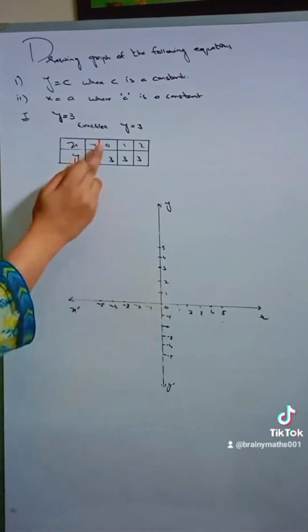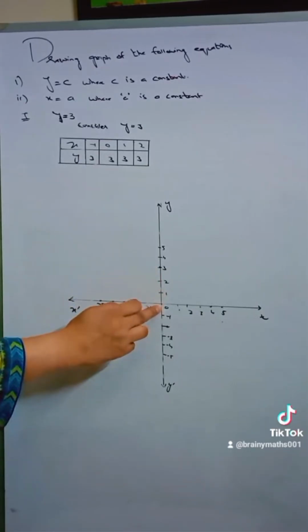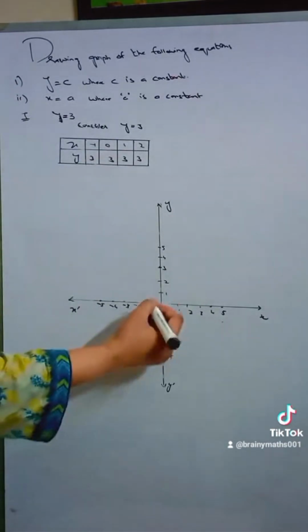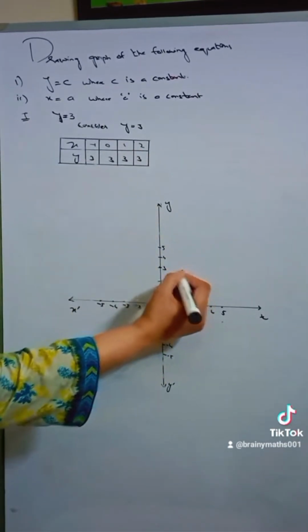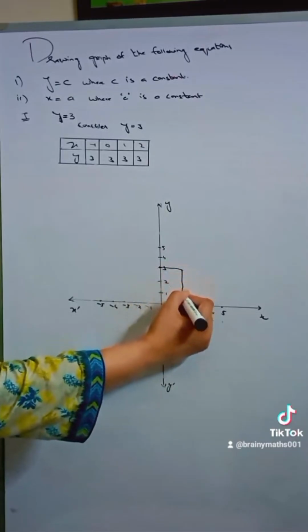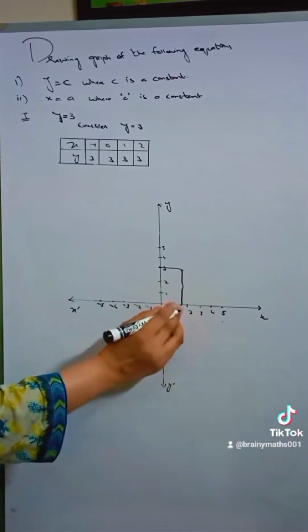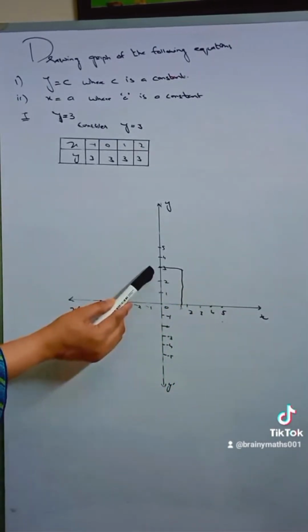At 0, y is equal to 3, x is 0. And if y is equal to 3 again, and x is 1, suppose x is positive 1, it must be like that. This is called point 1. Understood? If I repeat, on 0, y is 3.